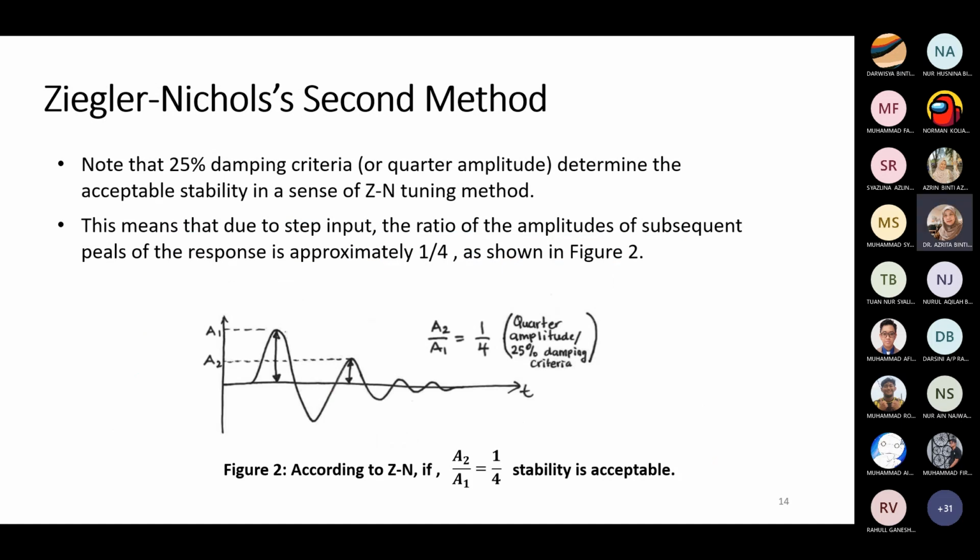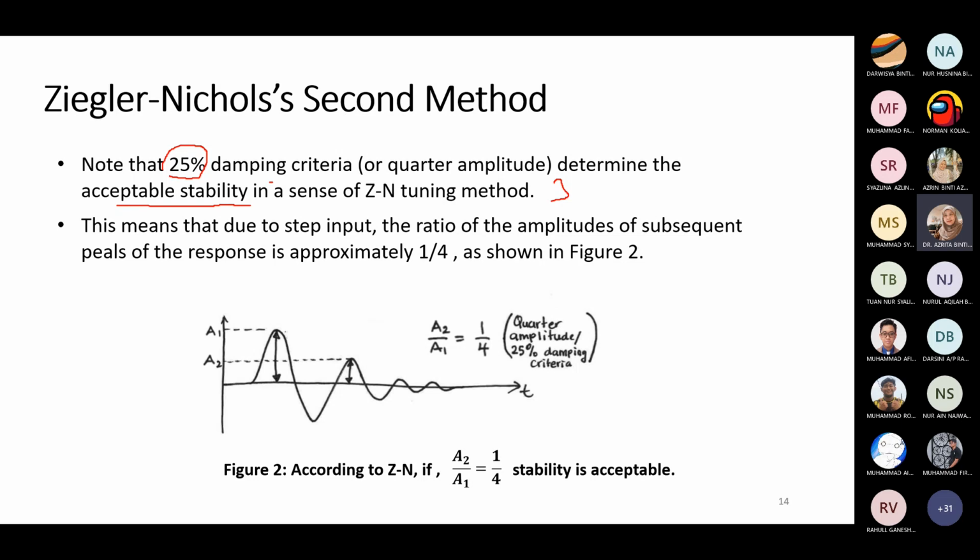Okay, so before this, I will mention that Ziegler and Nichols assume that the percentage of overshoot is 25%. So why did Ziegler and Nichols choose 25% for the damping ratio or percentage of overshoot? Basically, this value determines the acceptable stability in the sense of the ZN tuning method.